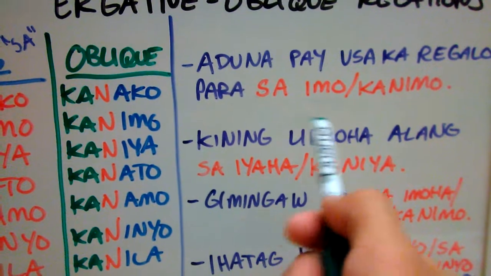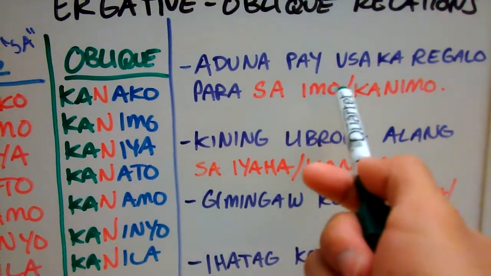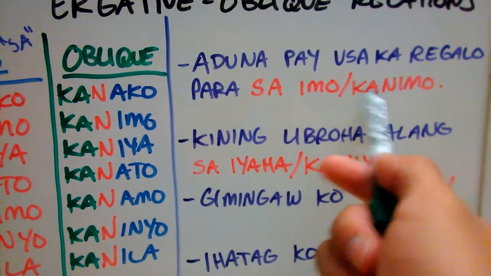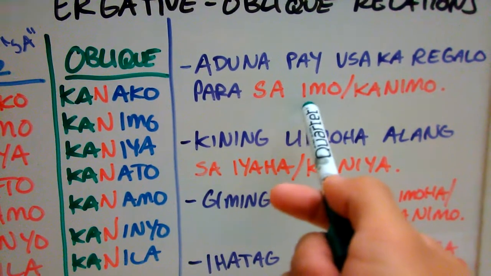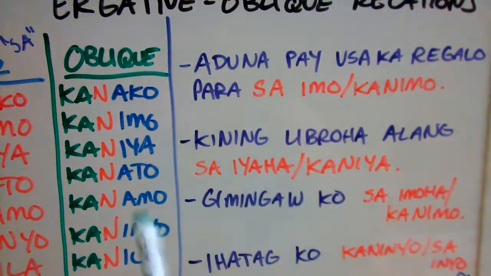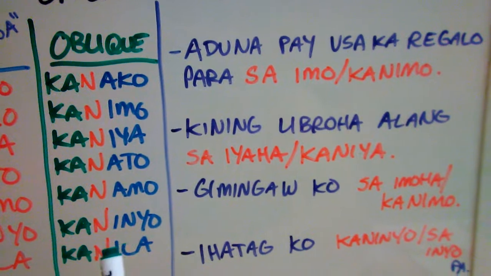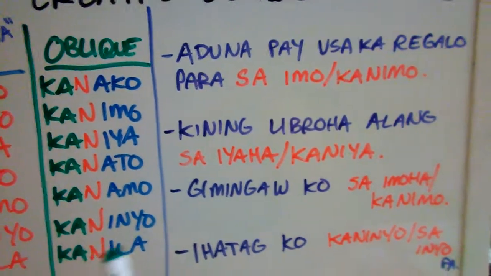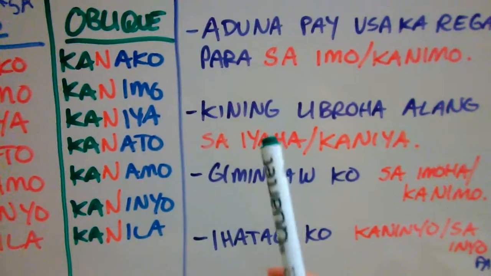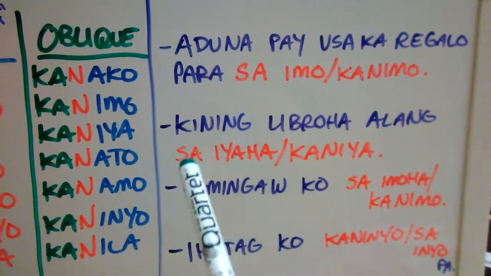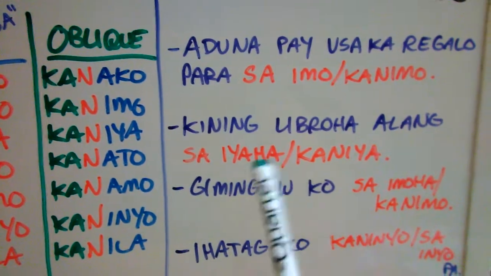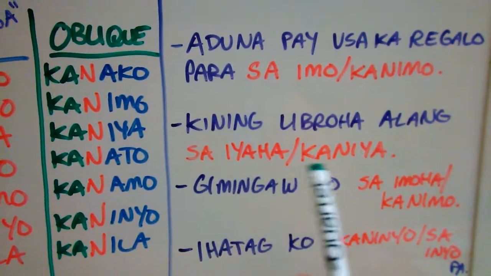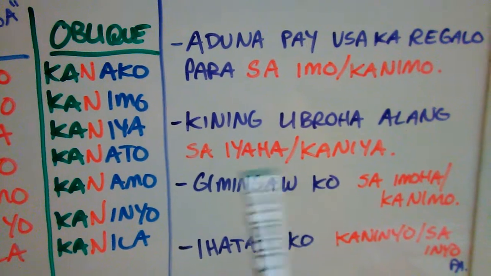They both work the same way. It's just that one of them is in the oblique case, and one of them is in the ergative case, and they both mean the same thing, so we'll understand you. The second one works the same way too. Kining libro ha alang sa iya ha, or kining libro ha alang kaniya. Again, you can interchange these. They both mean the same.